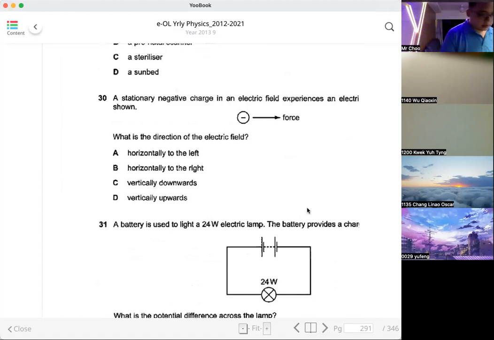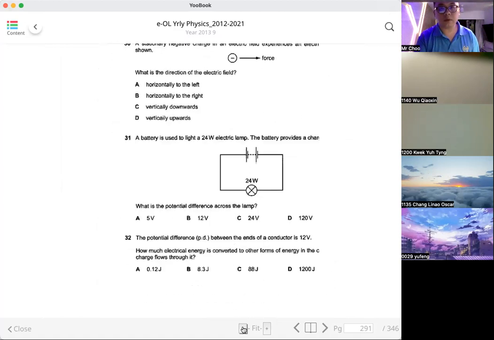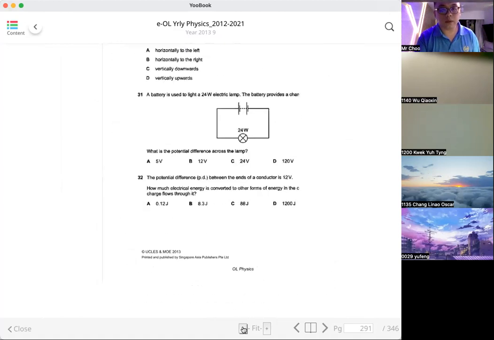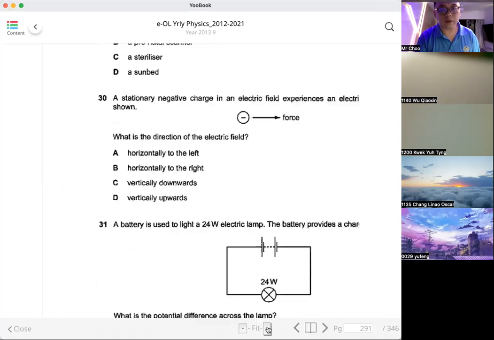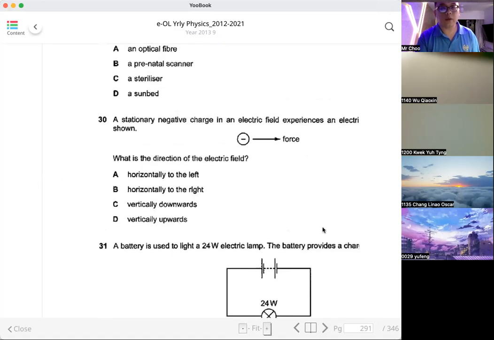Yeah, I realize this thing is not very well done. It's actually very bad. Never mind, you all do question number 30 first. Let me change this.